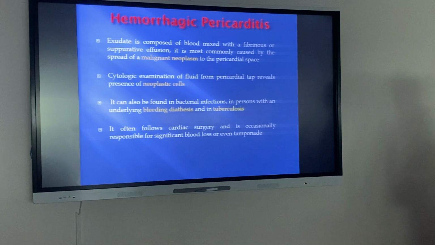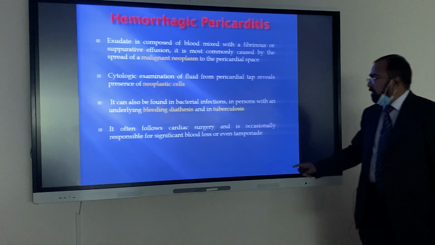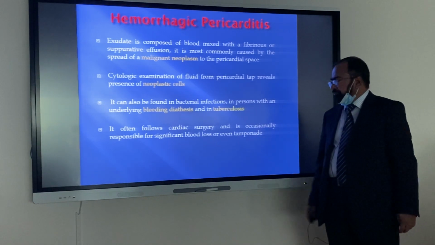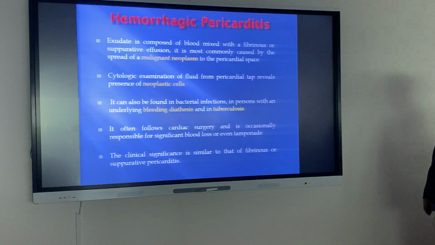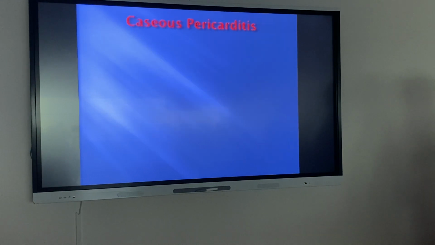Cardiac surgery is also occasionally responsible for significant blood loss, or even a cardiac tumor. The clinical significance is similar to that of fibrinous or suppurative pericarditis. So high temperature and chills will be seen there.